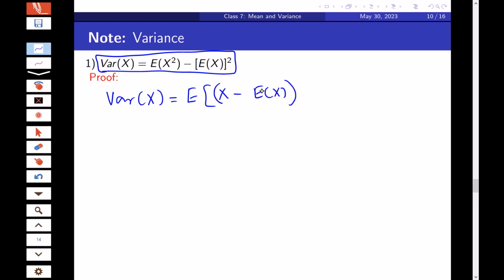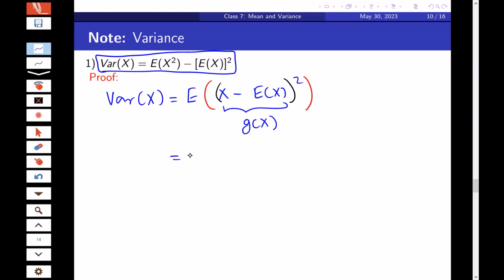So the variance of x, this is the definition: E of x minus E of x, everything squared. I will use a different color for the outside brackets so you can easily differentiate. First subtract the mean, then square it, then take the expectation. From the definition of the expectation of a function of a random variable, we can take this as g of x.